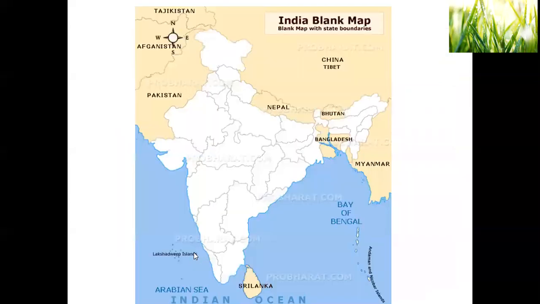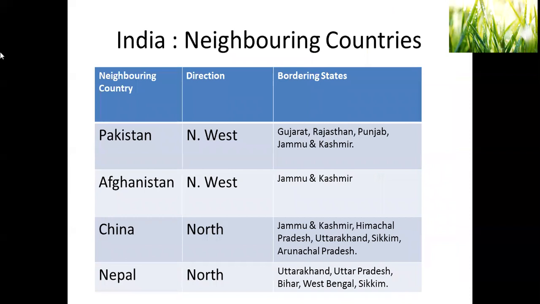The same thing in another map, it shows China, Tibet, Bhutan, Bangladesh, Myanmar, Nepal, Pakistan, Afghanistan, Sri Lanka, and Maldives. Maldives is missing in this map. So here, how it is connected is for extra knowledge. Pakistan is in the northwest, bordering states Gujarat, Rajasthan, Punjab, and Jammu and Kashmir.